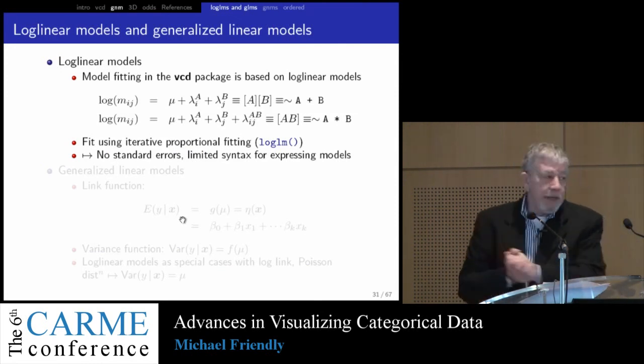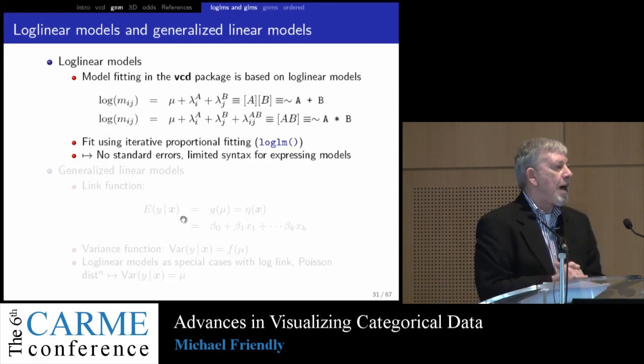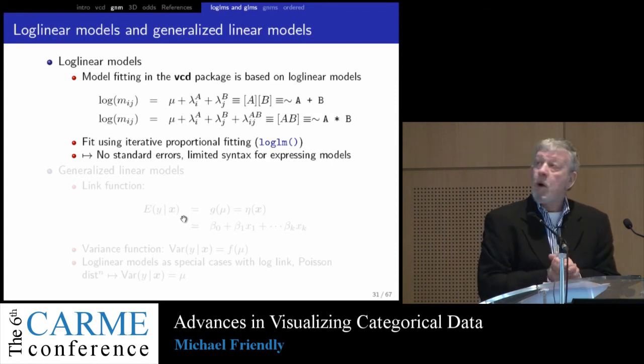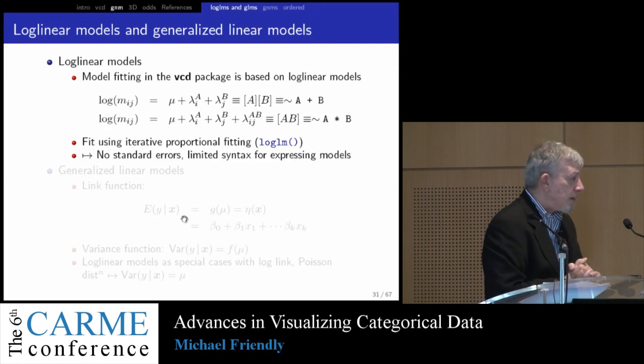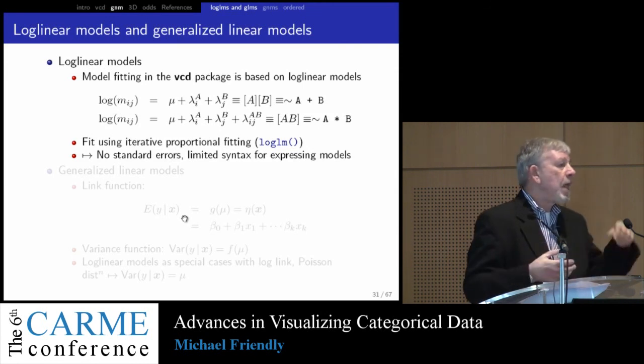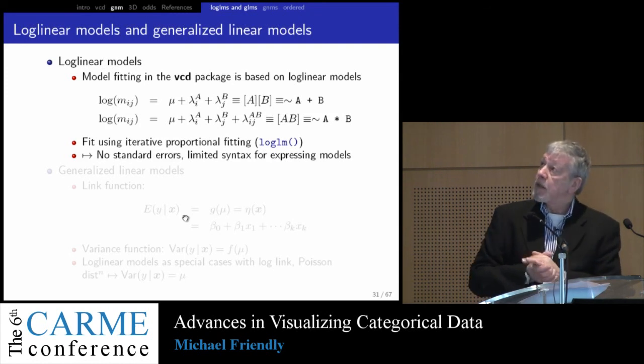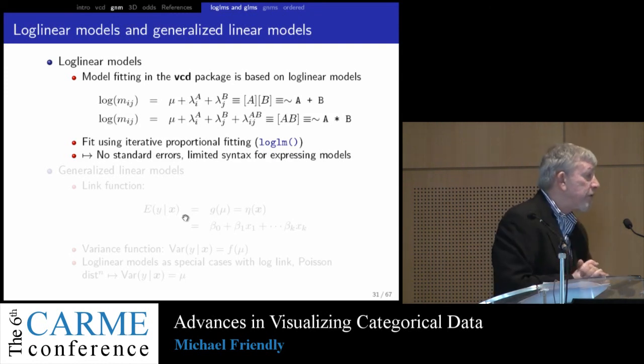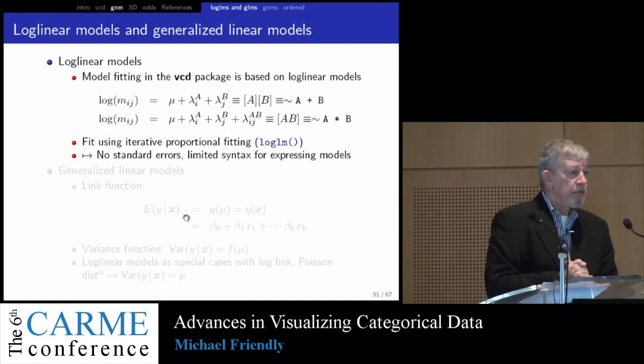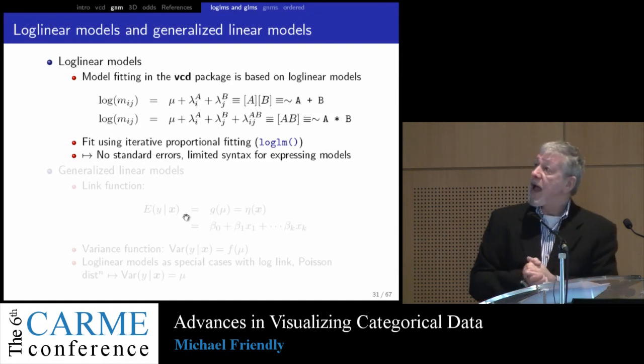And let me just point out that log linear models have simple modeling formulas in R. The model of independence is essentially A plus B. That is, those are independent in the log linear model, whereas the saturated model has A plus B plus an interaction.